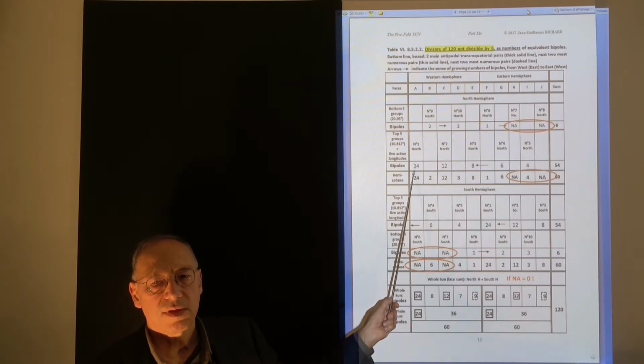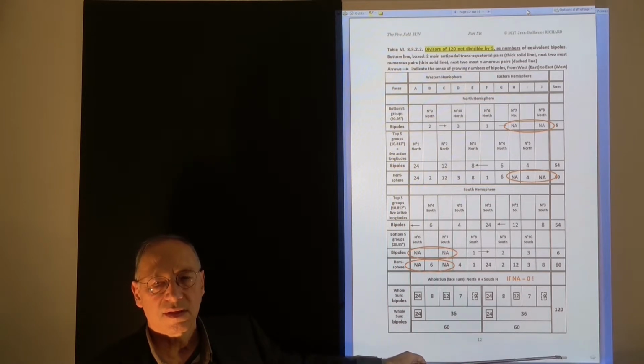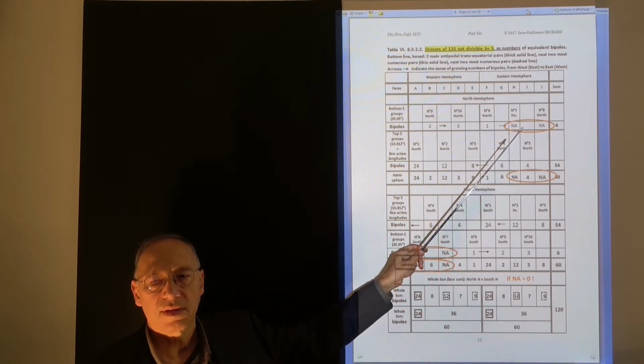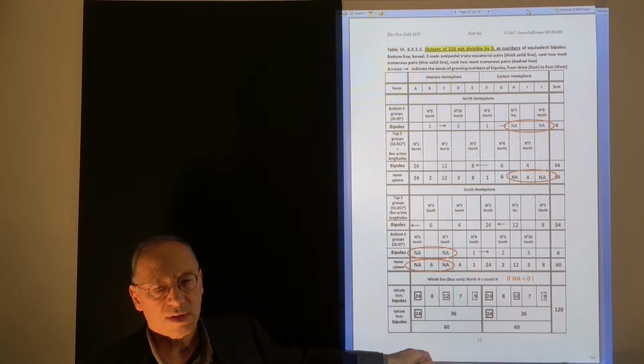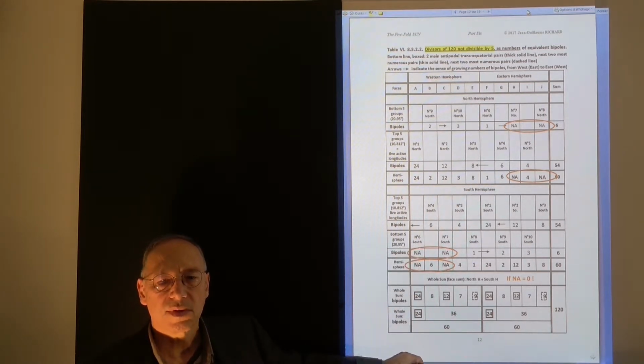Here we have 24, because this is the integer which is the divisors of 120. And in this case, the unrealistic part is that we have a few cases in which we do not have a number of B-poles to be attributed to one of the top 10 sunspot groups, because we have only 8 such divisors.